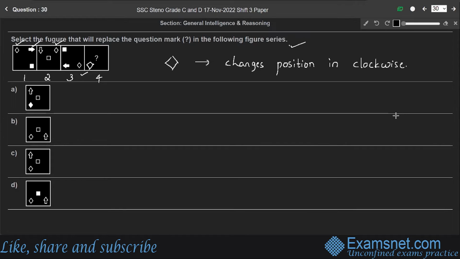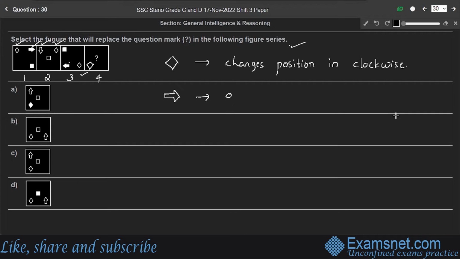Next is the arrow mark. We'll consider the arrow mark, which is shaded in the first figure, facing the right direction. Whereas in the second figure, it is facing downwards and is non-shaded. Again, in the third figure, it is facing leftwards, which is shaded.